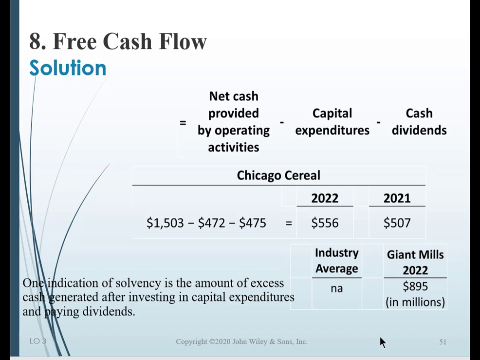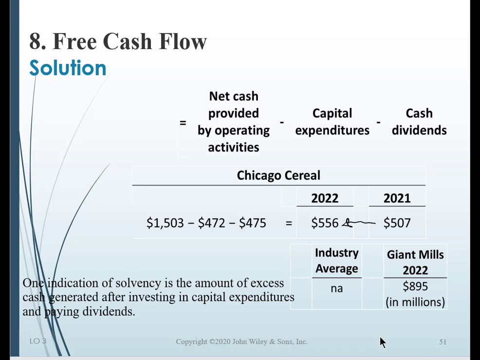This just represents how much cash a company has to cover these kinds of expenditures. So for the company, last year was 507, this year 556. So we have now what? More cash that we can pay for interest, to buy back debt, to buy back stocks, or invest in other things if something should come along.